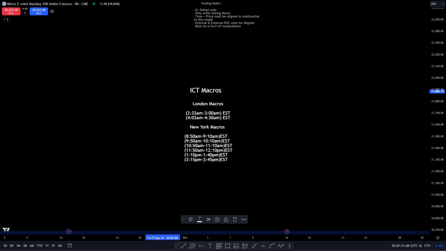Not all the time, but most of the time there will be high quality setups hiding within that 20 or 30-minute period. And it is very powerful, especially if you have a solid setup that you're confident in.